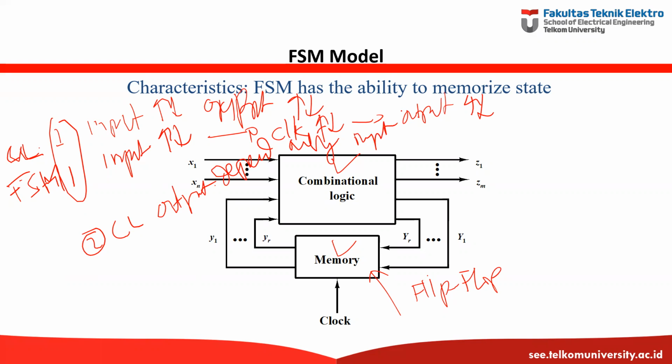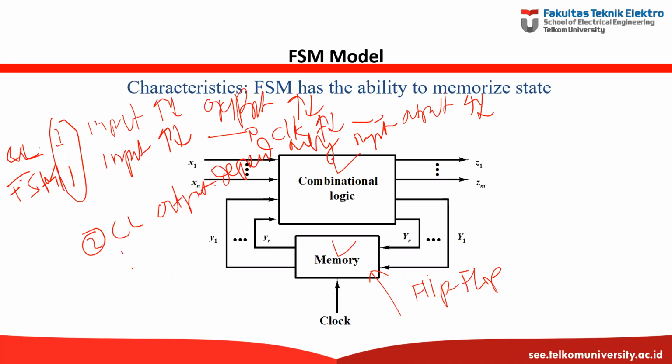Combinational logic is a function from input to output, so the output only depends on the input. When the input is, for example, 0, 0, 1, then the output will definitely be one value, either 1 or 0, depending on the function.